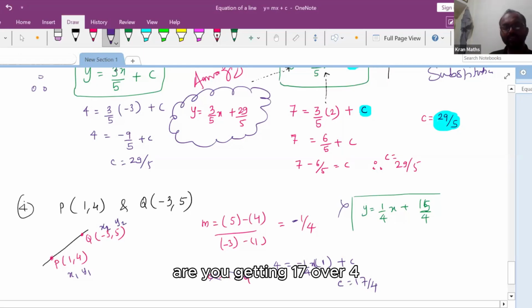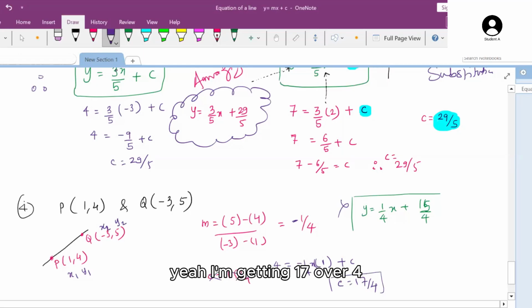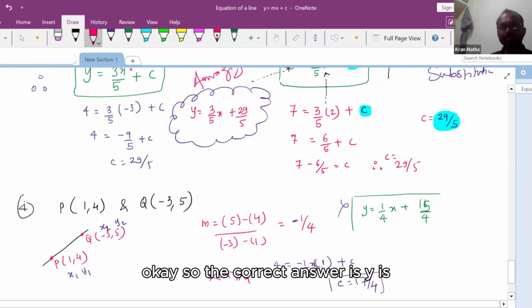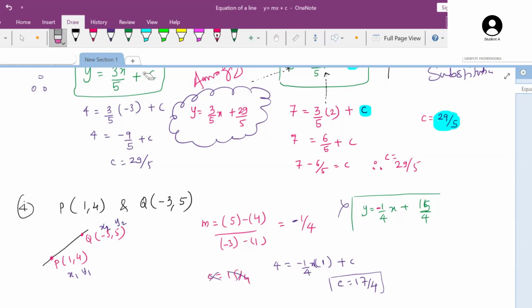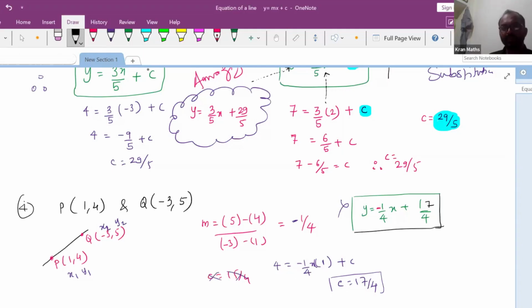Are you getting 17/4? Yeah, I'm getting 17/4. Okay, so the correct answer is y is negative 1/4x plus 17/4. Now is it correct? Yeah.